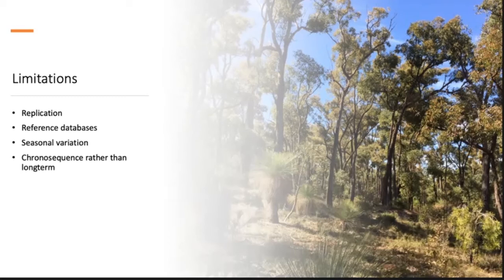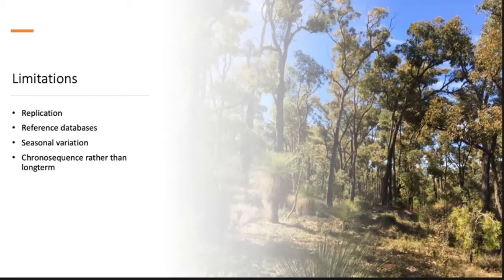The other thing is to look at seasonal variation. So I only did this once in the early summer, springtime, so it's kind of the ideal time to look at invertebrates and such. But Kristen's one was done in March, so it's very different.